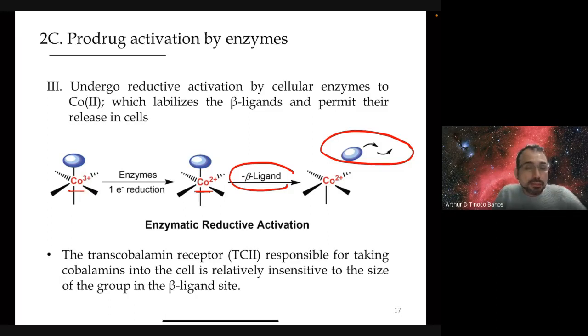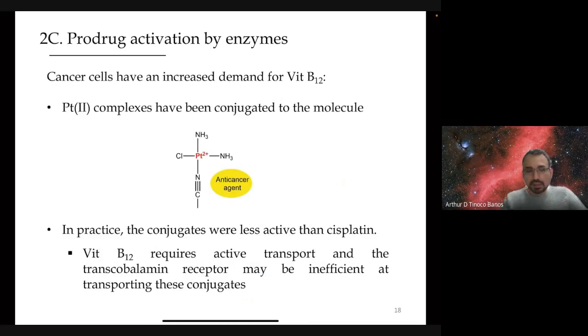The cobalamin receptor, responsible for taking cobalamin into the cell, is relatively insensitive to the size of the groups in the beta ligand site. I would say relatively insensitive, but this may not be entirely true. So here we have an example of what I already showed you previously, where we're looking at a platinum-2 compound that has been conjugated onto the cyano ligand that's coordinated to the cobalt-3 center of the vitamin B12.